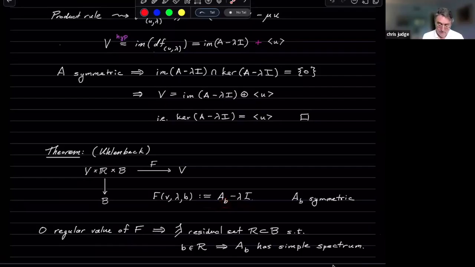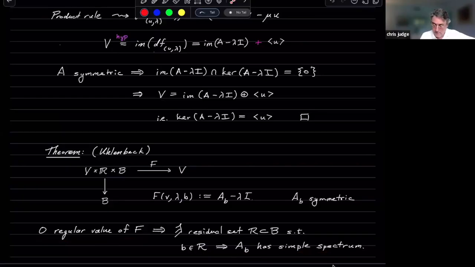and we have 0 as a regular value of f. Suppose we know that, that's a hypothesis for this theorem, then the parametric transversality theorem says there's a residual set of B such that we have 0 as a regular value of AB, but we saw above that's the same as saying that it has simple spectrum.